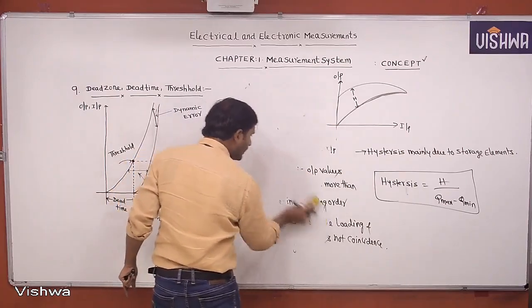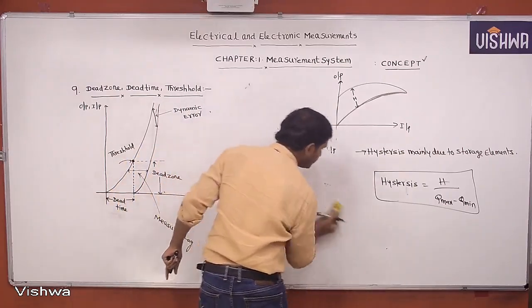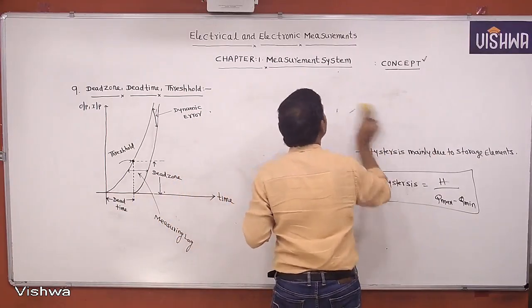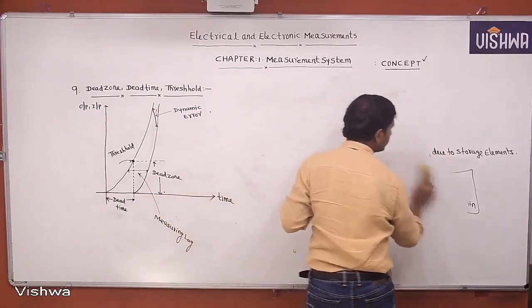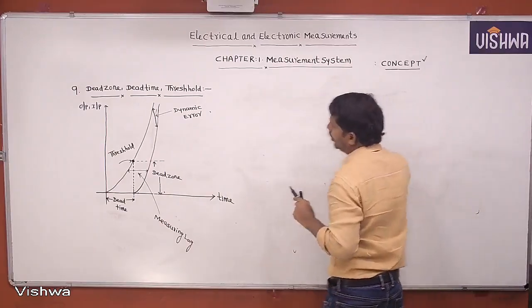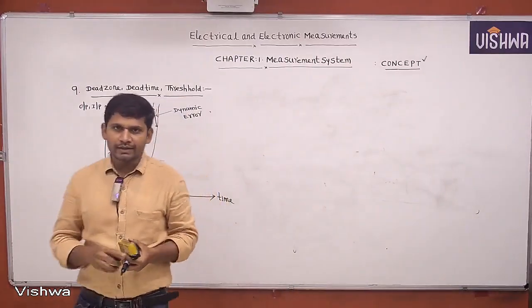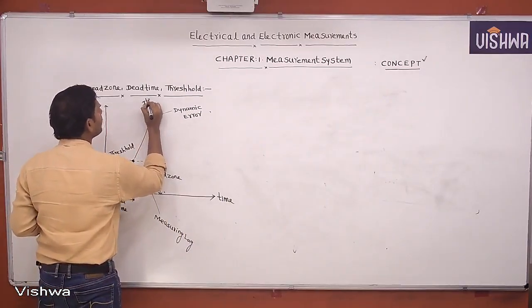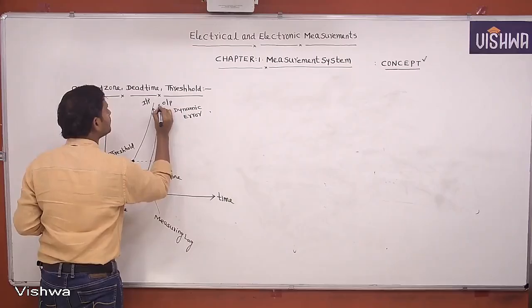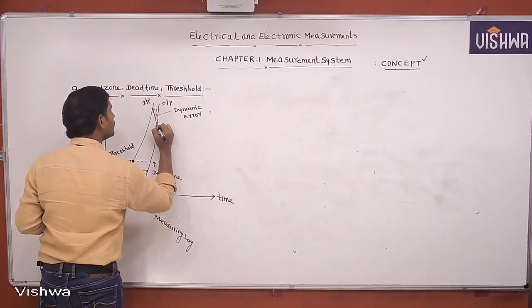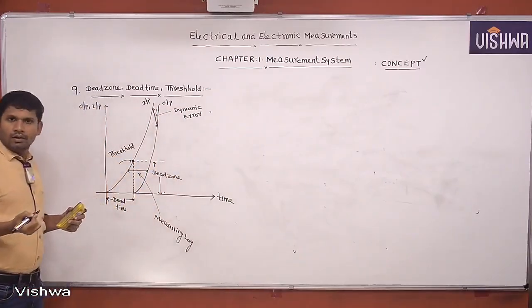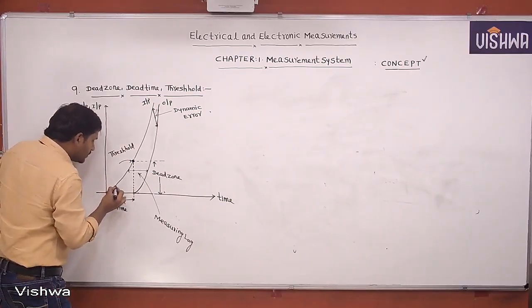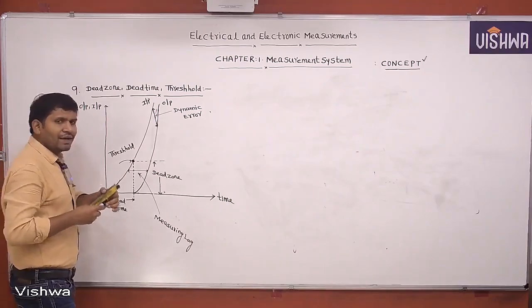Yeah, tell me what is the dead zone of an instrument? How to define dead zone of an instrument? Yes, this is input and this is output. Let us say we are continuously increasing the input, but still I am not getting any output.